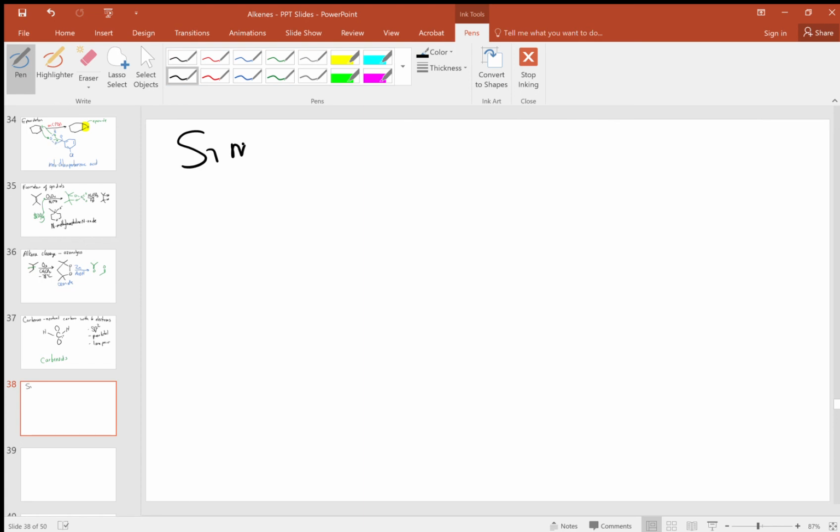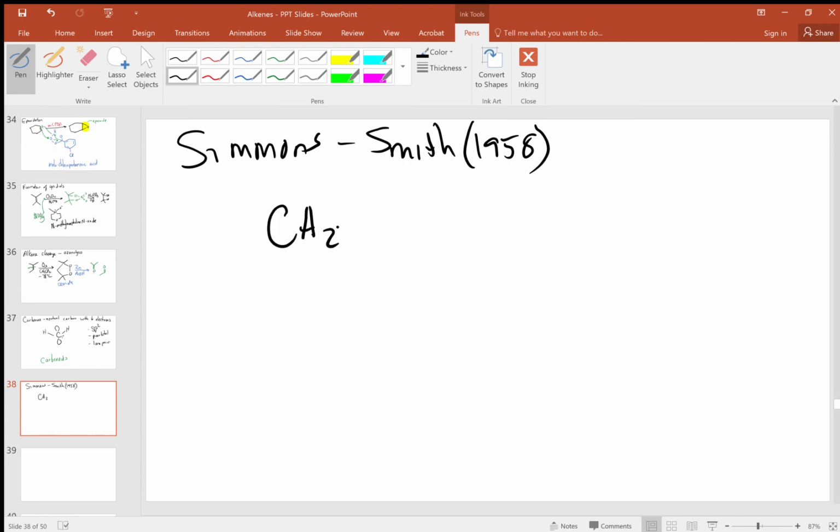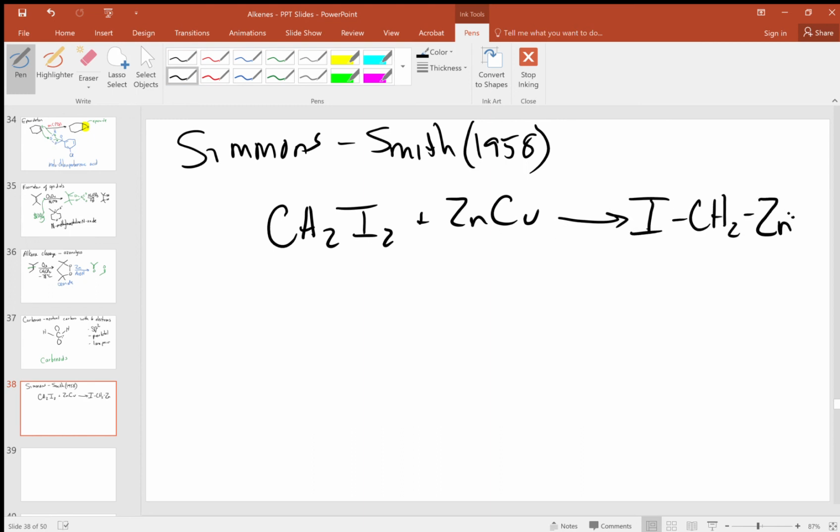And the reaction where we see them is known as the Simmons-Smith reaction, which has been around since 1958. So in this reaction, we take diiodomethane and react it with zinc and copper to make the species that is known as our carbenoid.